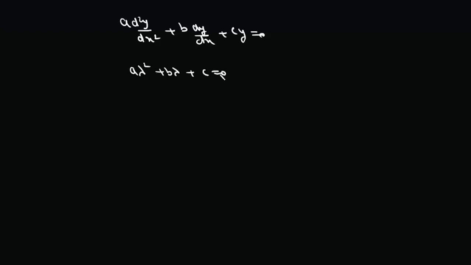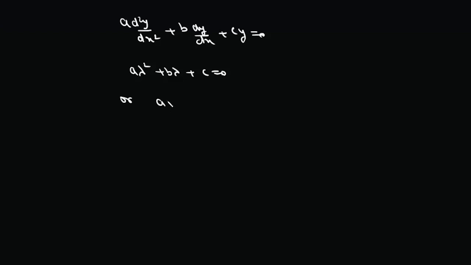What we'll do is we'll generalize the concepts learned in solving second order differential equations to higher order differential equations with constant coefficients and which are homogeneous. In second order differential equation, what we have done was we have changed this equation a d2y upon dx square plus b dy by dx plus cy equals to 0 into characteristic equation by writing it as a lambda square plus b lambda plus c equals to 0, or we can write it in terms of differential operator.